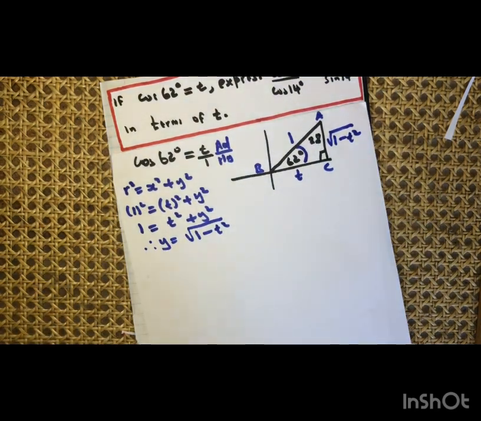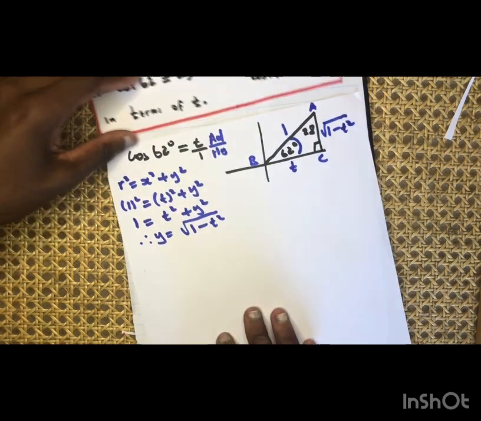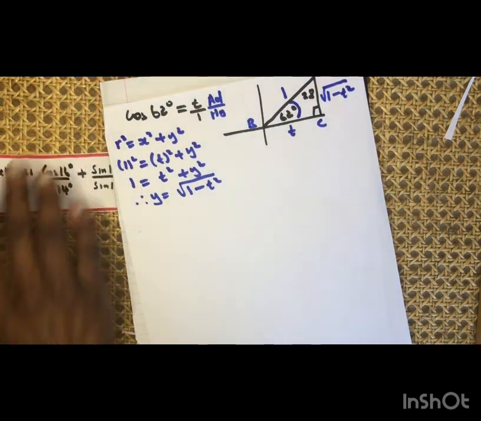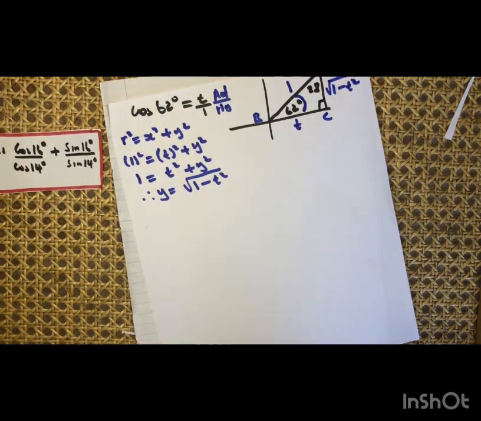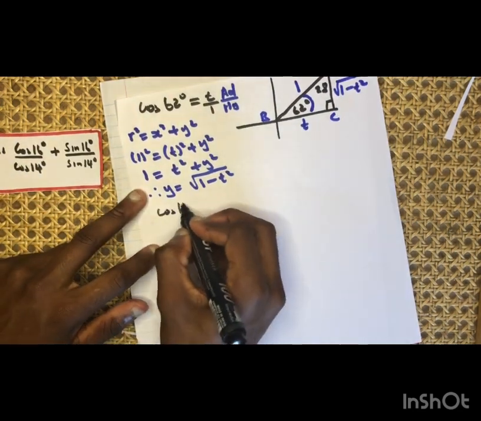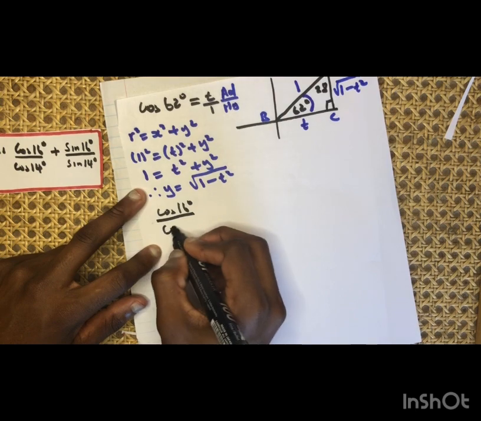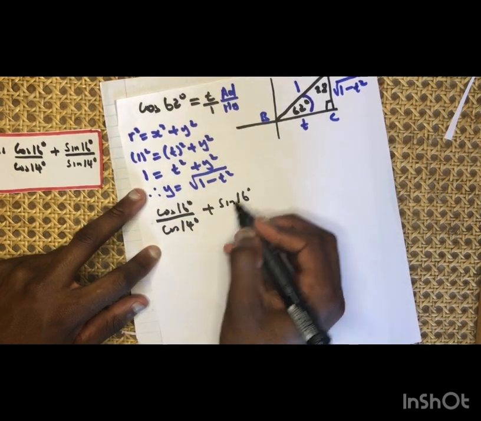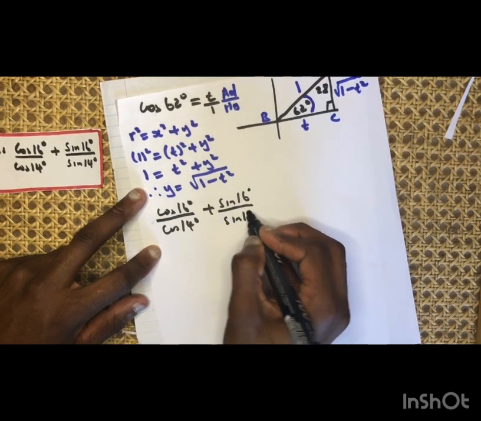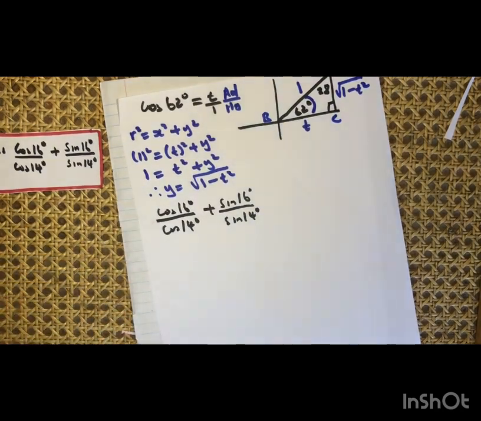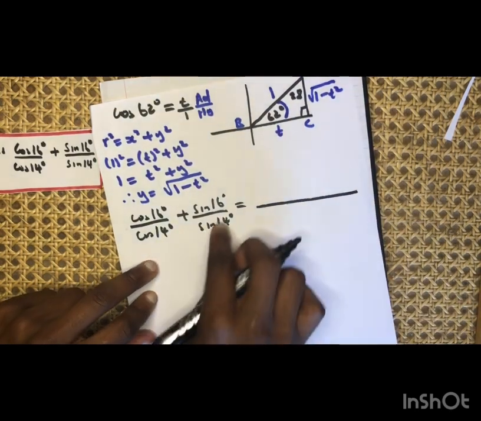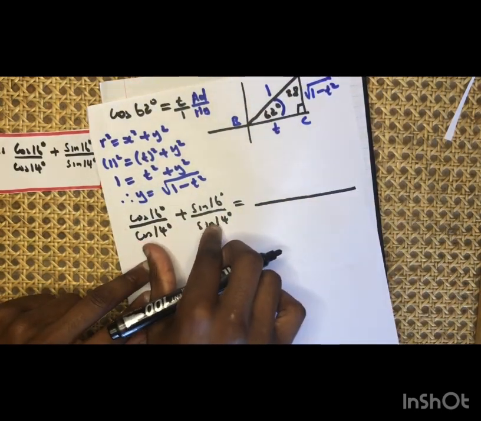So now we can answer the question. What do we want here, guys? We have to express cos 16 over cos 14 plus sine 16 degrees over sine 14 in terms of t. So I'm going to make one division, then I'm going to multiply the denominators.